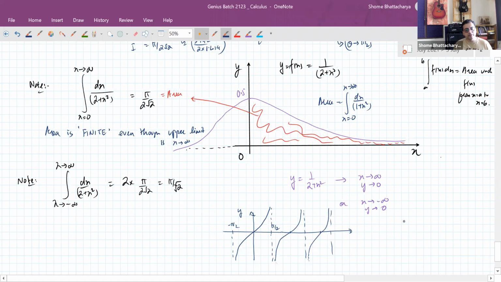So this is the y is equal to tan x graph. But when we take the inverse trigonometric function, y is equal to tan inverse x, we take the reverse of only one cycle of this. So it's like this.